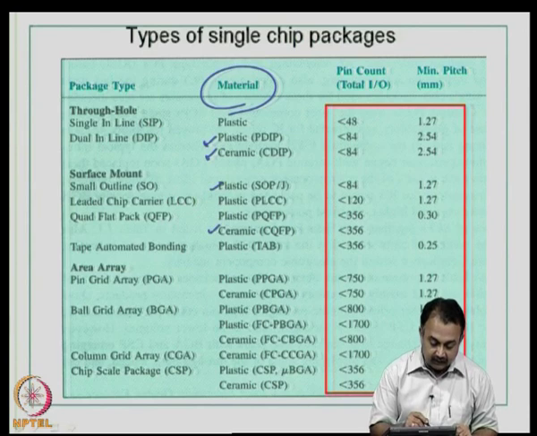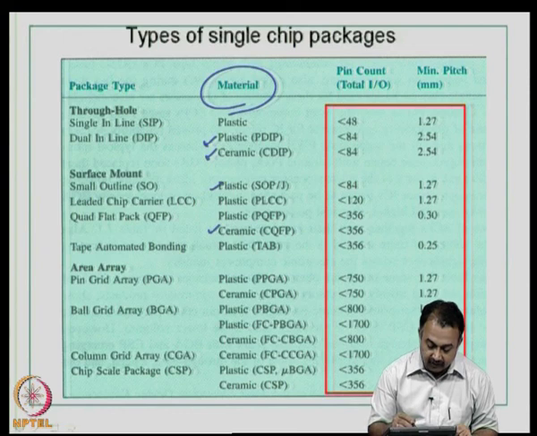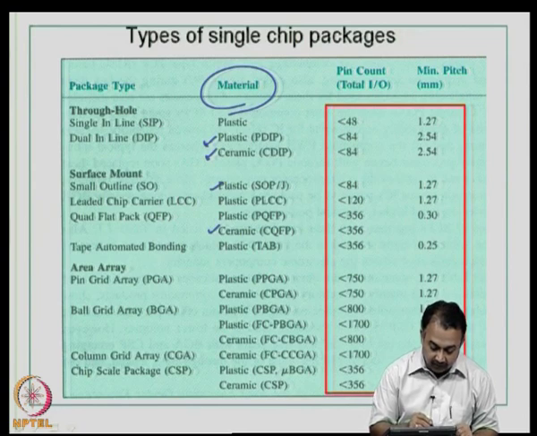Then the other classification is area array package, in which you get pin grid array and ball grid array. Here you can have plastic pin grid array, plastic ball grid array, ceramic pin grid array and ceramic ball grid array. Then you have another variety called column grid array.